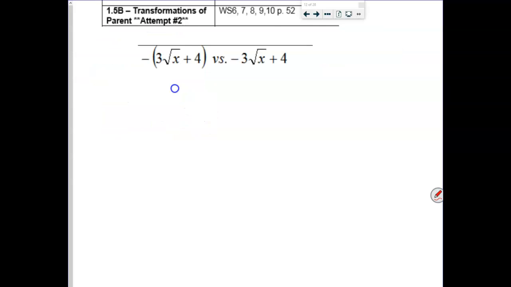All right. We're a little short on time, guys. Can you tell that these are different? The reflection is the problem, right? Which one has the reflection happen right away? The second one.